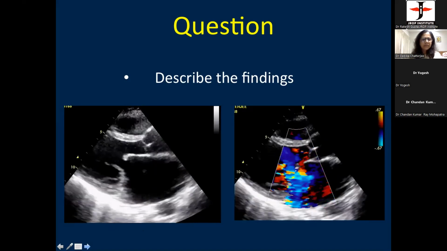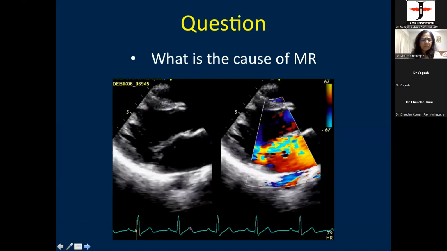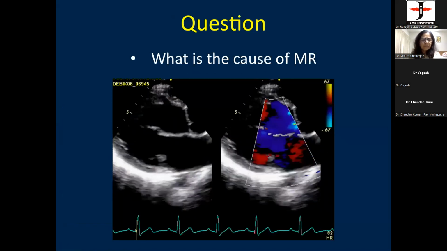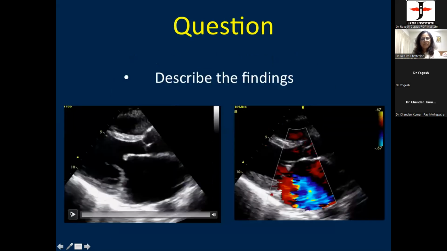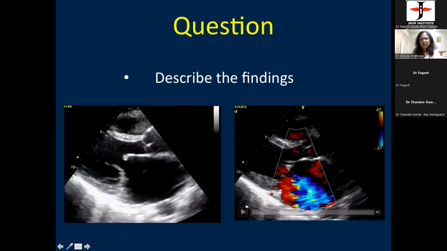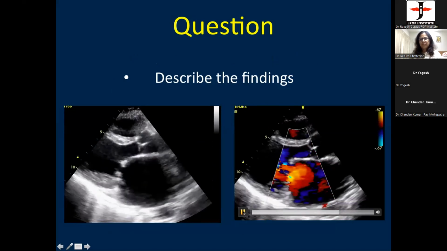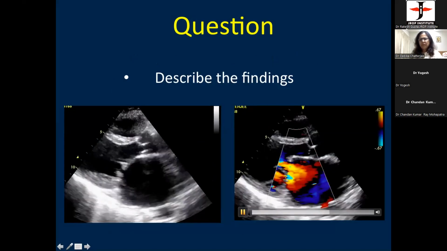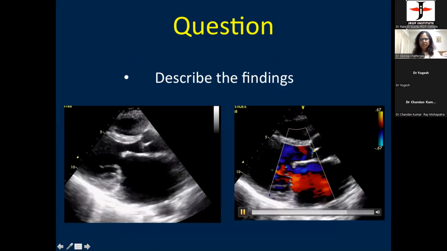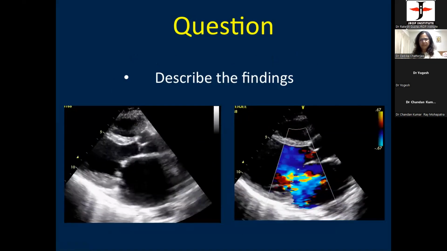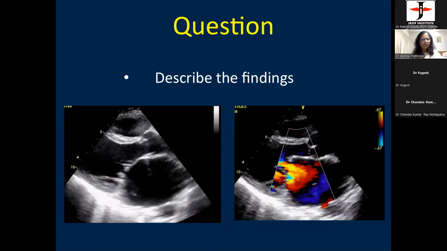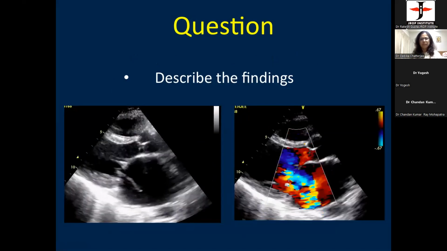Nida, are you going to analyze its severity? What kind of valve regurgitation is this? Can we go back? Tell me what is the severity of this lesion. Once you see this kind of slide, are you going to assess its severity or not?